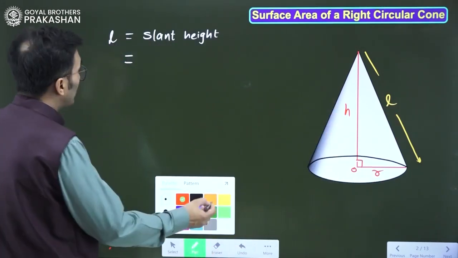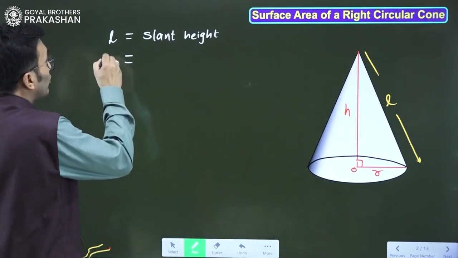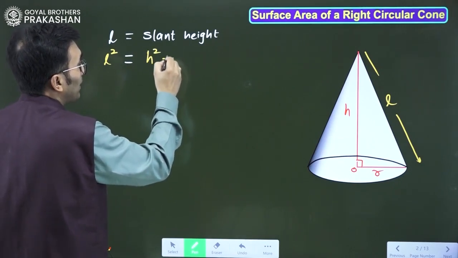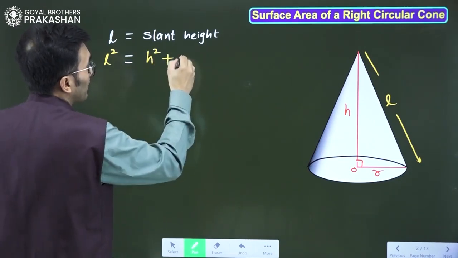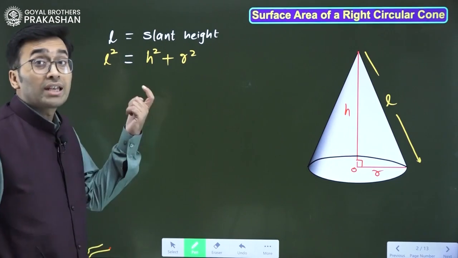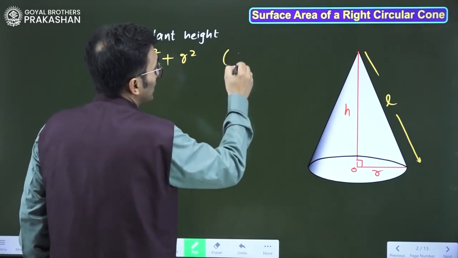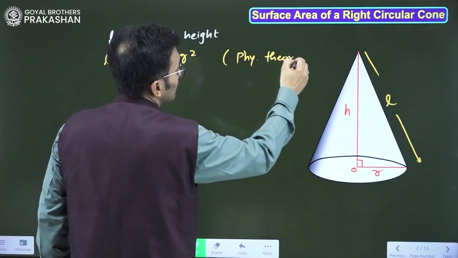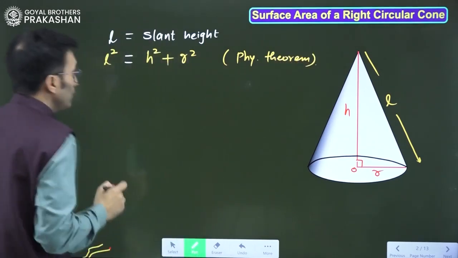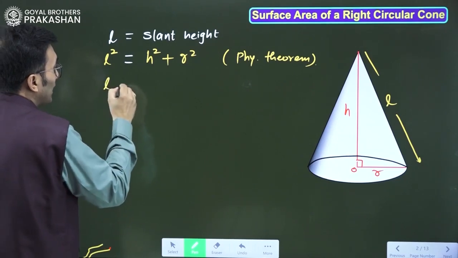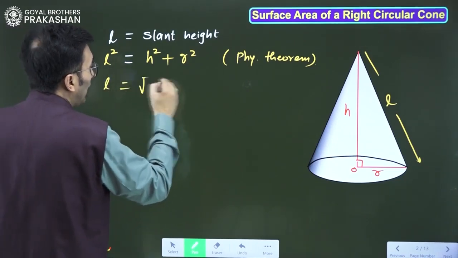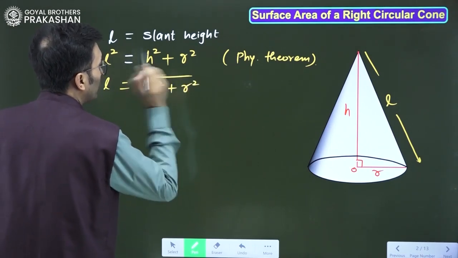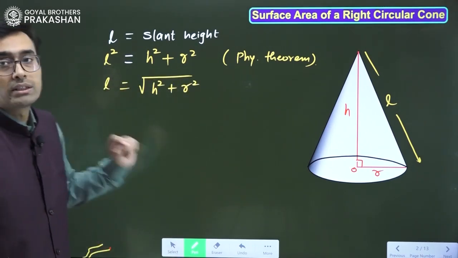So we can write L square equals H square plus R square. Now from here we can get the value of L: L equals the square root of H square plus R square. We got the slant height.